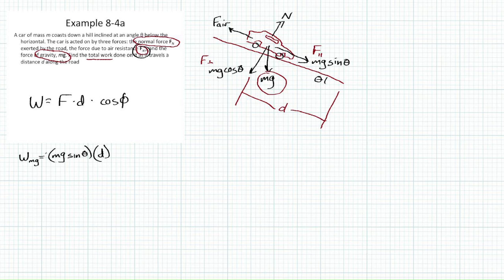All right. Well, then, what work is done by the force of the air? Work done by the air acting against the motion.